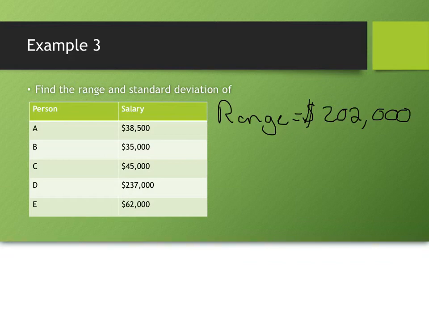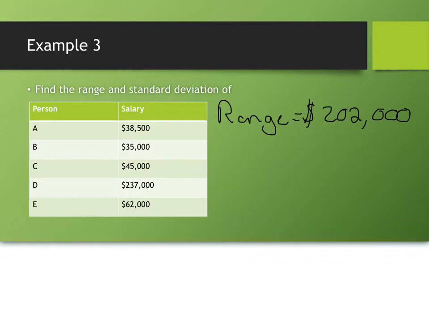Now, let me just state for the record, I was measuring salaries in dollars, so my range came out to $202,000. Okay? It turns out one of the advantages of dealing with standard deviation instead of some other spread measures is that it will in fact come out in dollars as well.